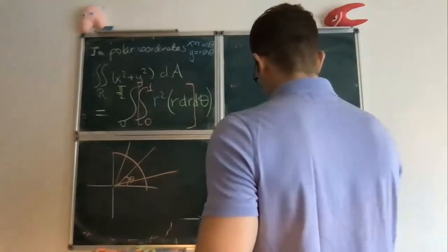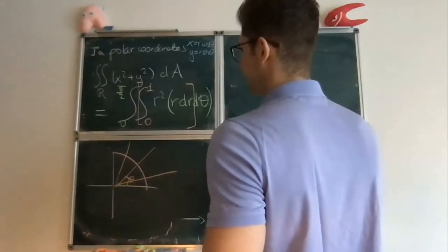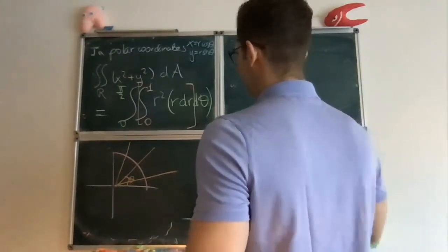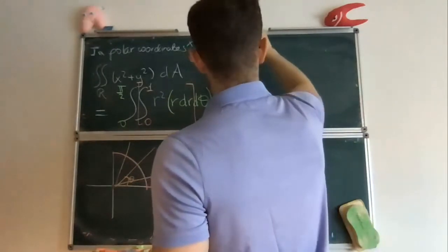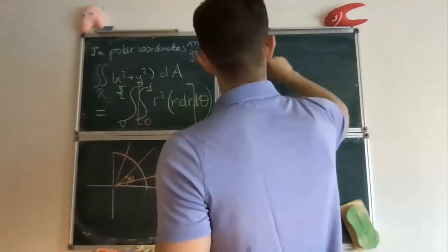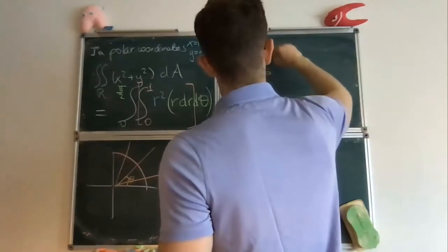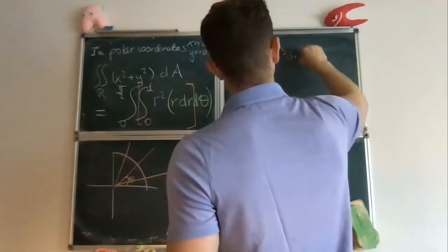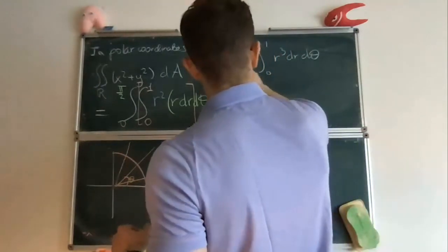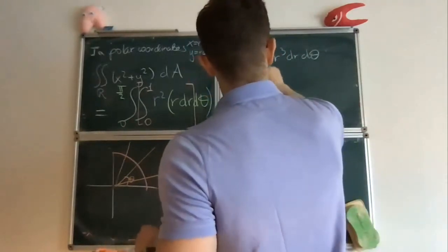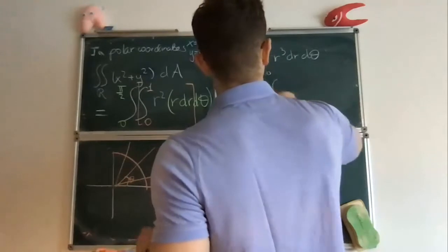And so this integral now becomes like an ordinary double integral, just with different letters. Probably you did this in Calc 2, but maybe from a slightly different perspective. But it's the same idea.